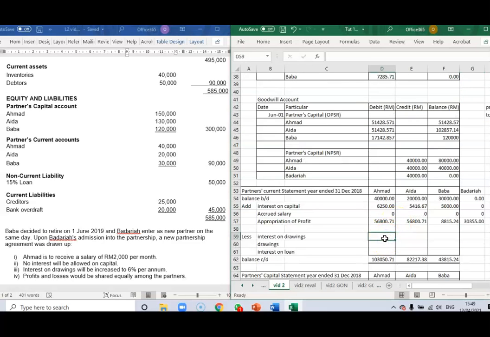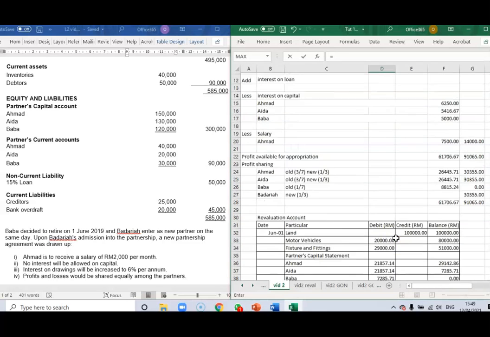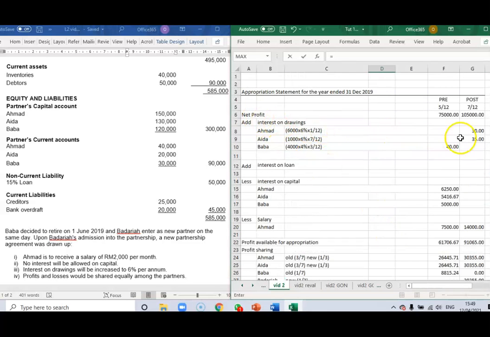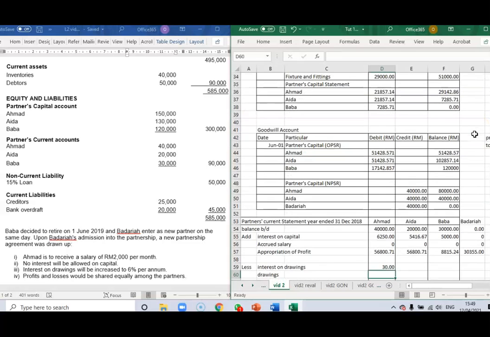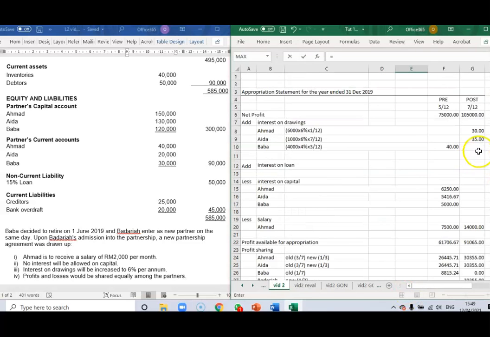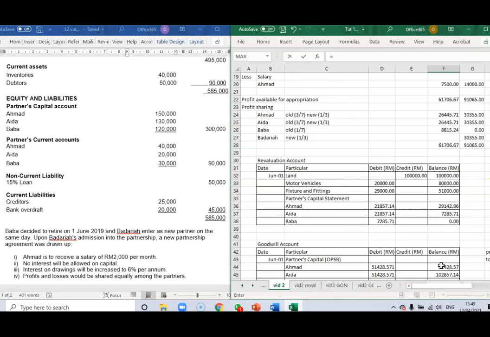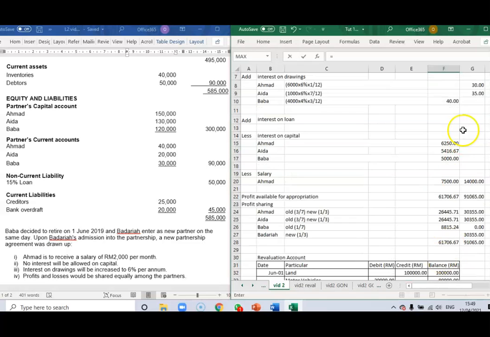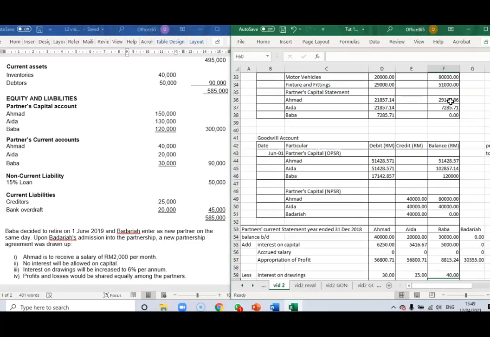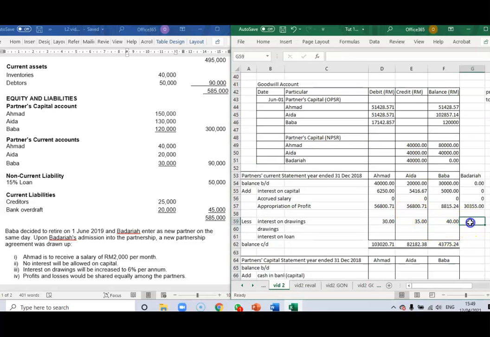Okay, interest on drawing for Ahmad. Ahmad has the total of 30. Aida has 35. And Baba has 40. Okay. Badaria do not have any, and no drawings also.